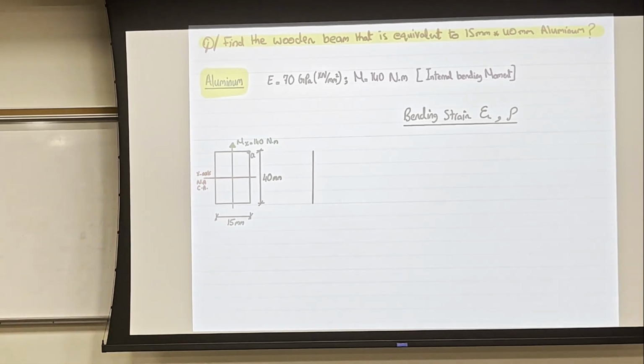So let me first find the epsilon for the aluminum, and it is y over rho. Okay?